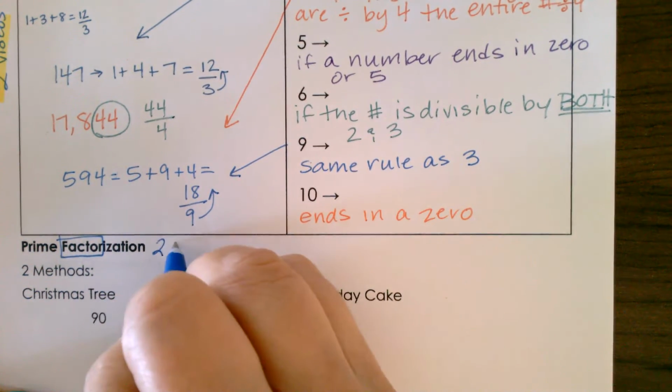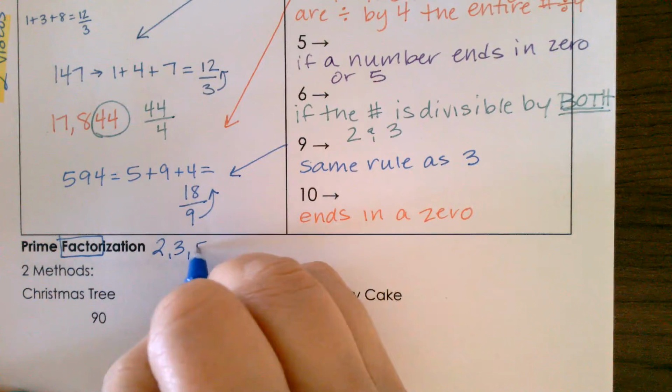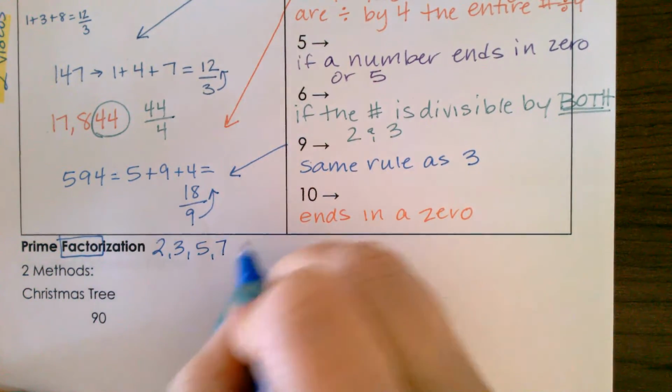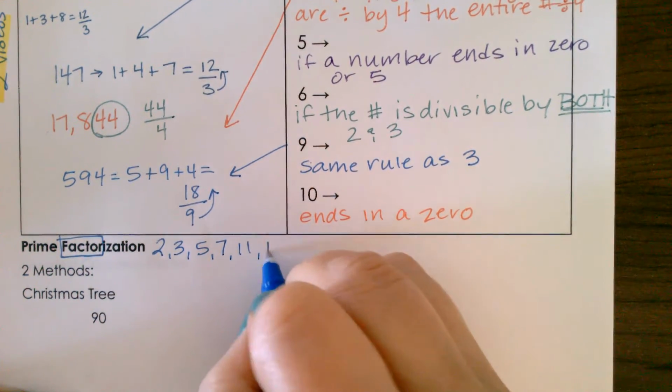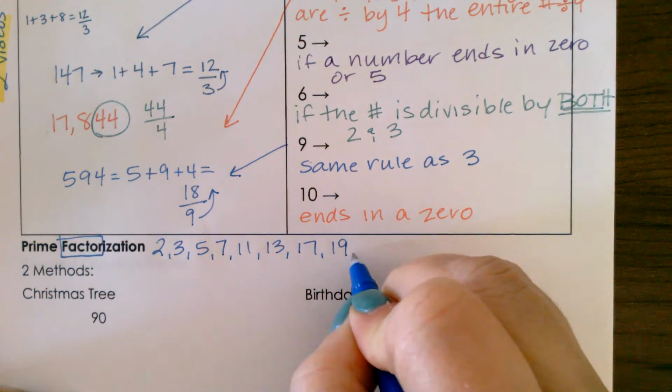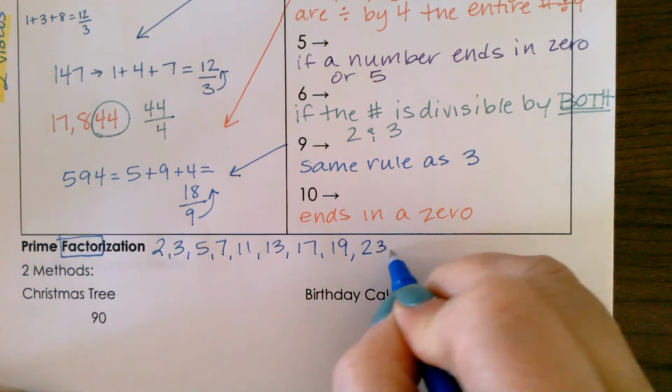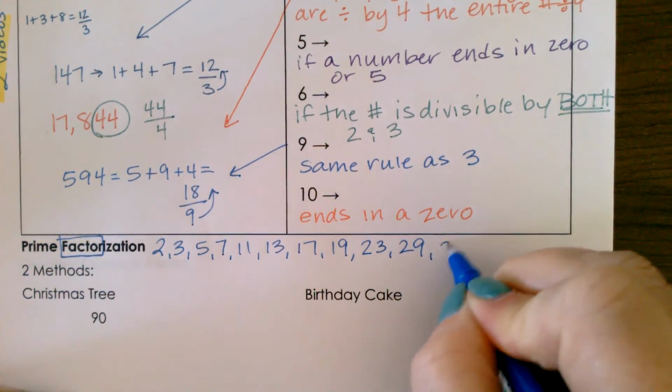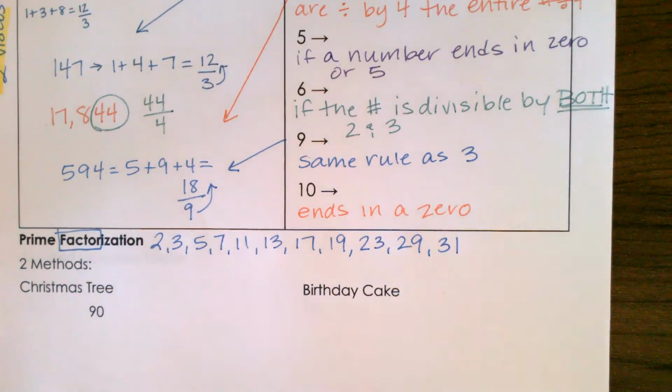We have 2, 3, 5, 7, 11, 13, 17, 19, 23, 29, 31. Those are the ones I know off the top of my head. You will not need numbers much bigger than 31 very often. So if you could just memorize those, that would be great.